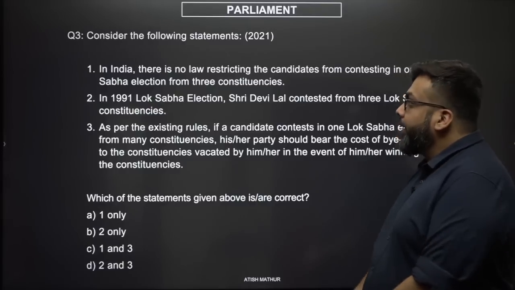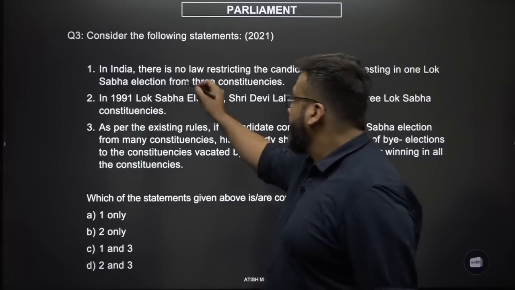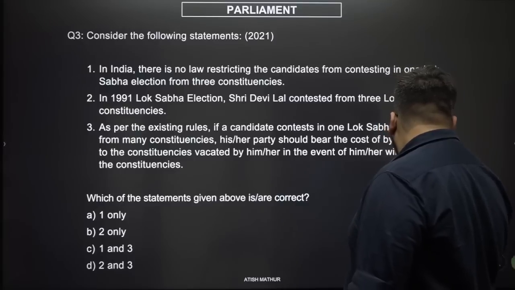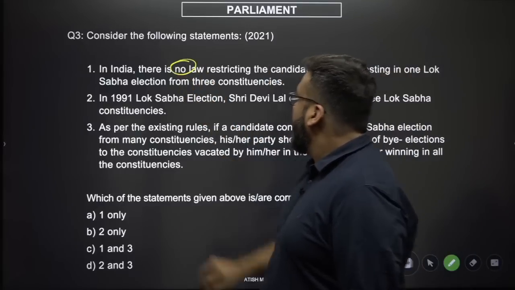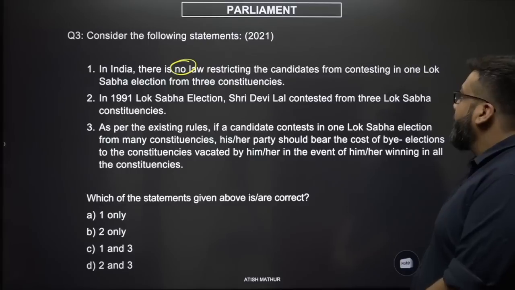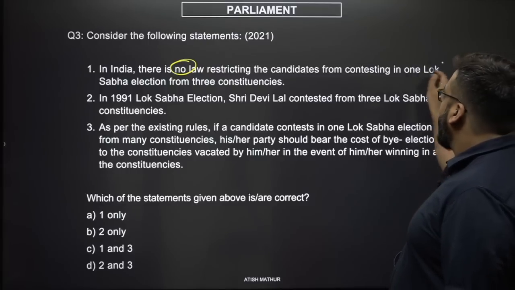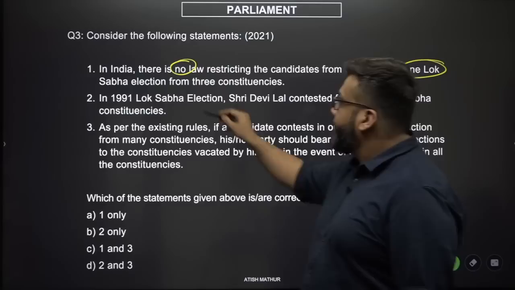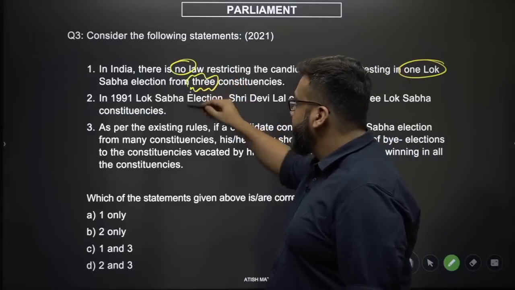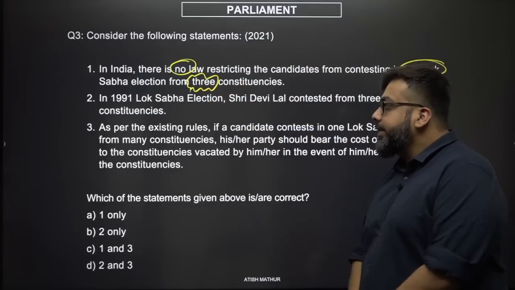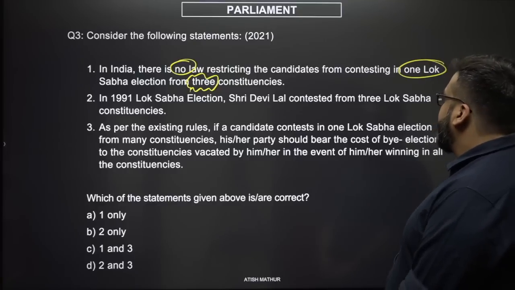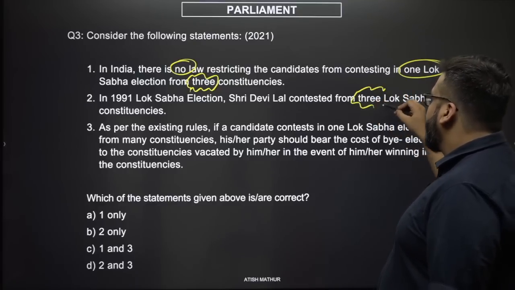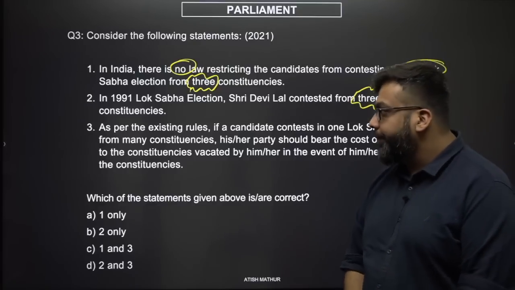In India, there is no law restricting the candidates from contesting in one Lok Sabha election from 3 constituencies. Statement 2. In 1991 Lok Sabha election, Shri Devilal contested from 3 Lok Sabha constituencies.